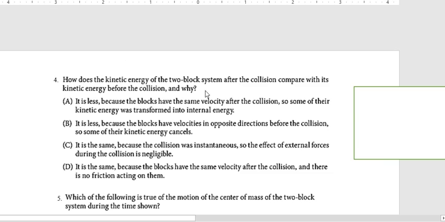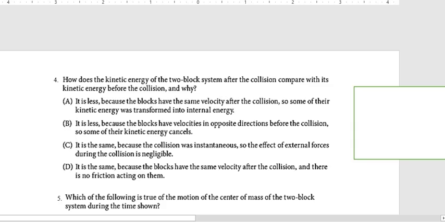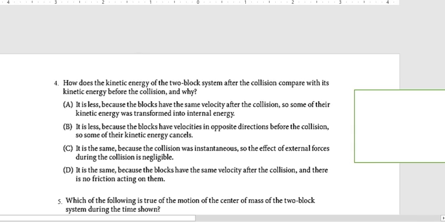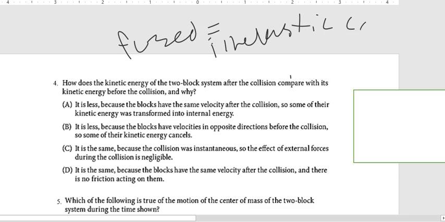Okay, question 4 wants to know how does the kinetic energy of the two-block system after the collision, remember they fused together, compare with the kinetic energy before the collision, and why? Since they fused together, the whole system slowed down, which we saw, and that's a perfectly inelastic collision.